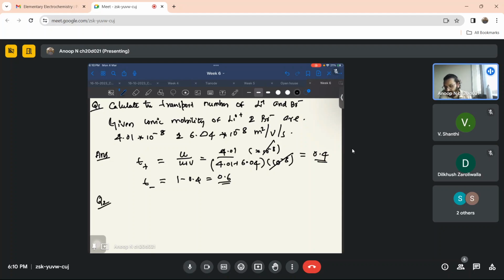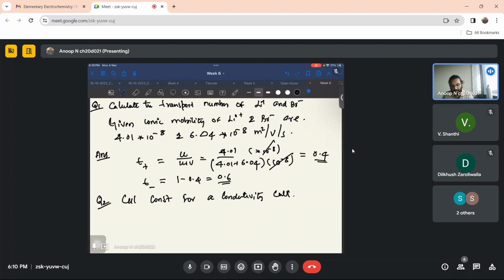The second question was straightforward: the cell constant for a conductivity cell. This is clear also.